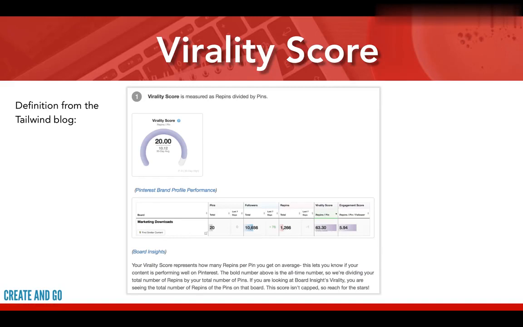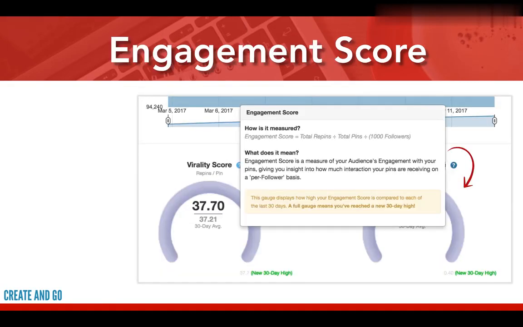The bold number above is the all-time number, so we're dividing your total number of repins by your total number of pins. And if you're looking at the boards in the board insights virality, you're seeing the total number of repins of the pins on that board. It says this score isn't capped, so reach for the stars. You want these scores to keep on growing. I will get into the individual boards in the next few slides, but I just wanted to show you that official definition from the Tailwind blog, and you can go check it out as well if you want to.